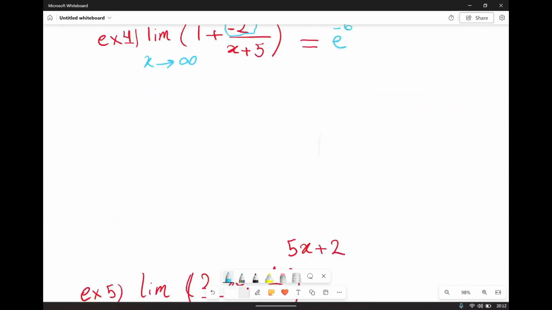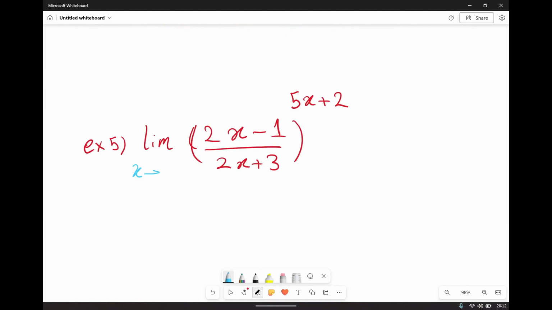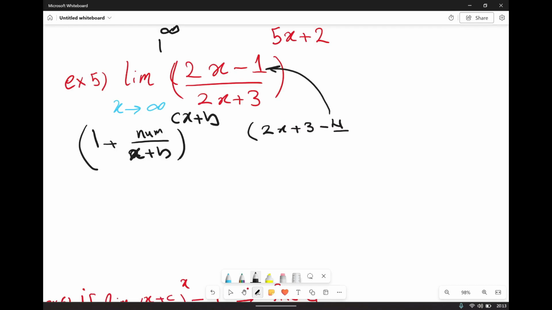Okay, another one, for example here, when x goes to infinity, we're going to calculate it is 1 power infinity, and I'm going to calculate this. At first I must reform to this form, 1 plus number divided by x plus b, all of these power cx plus d. You exactly use this trick in integration a lot.